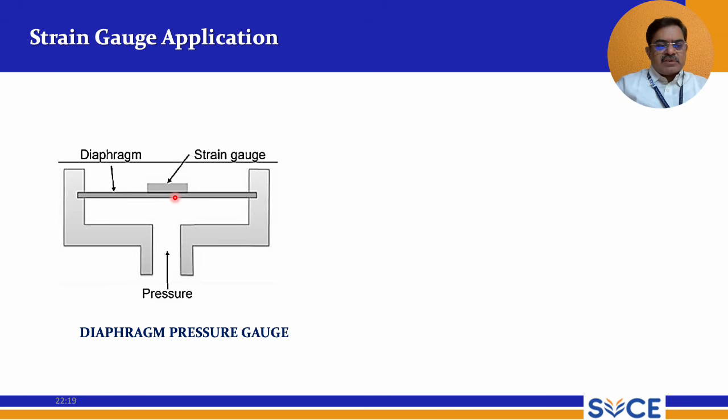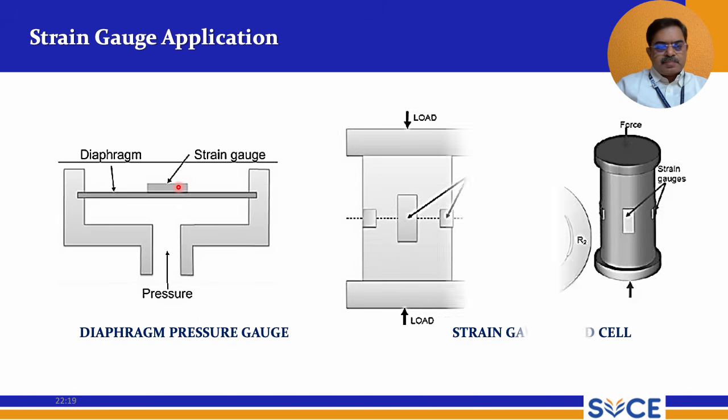That elongation will cause the strain in this strain gauge. So that is the amount of the stress applied on this strain gauge, and this strain gauge is attached in a Wheatstone bridge, and the unknown resistance is measured using the Wheatstone bridge. So this is one simple application of strain gauge to measure pressure.